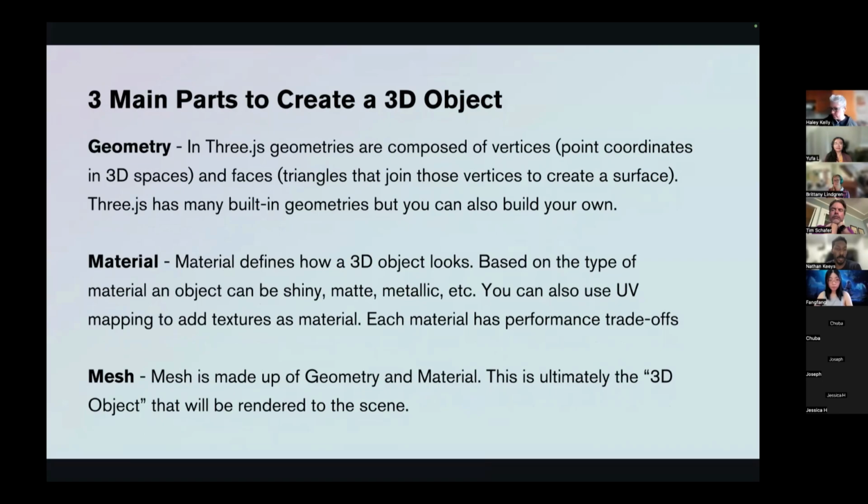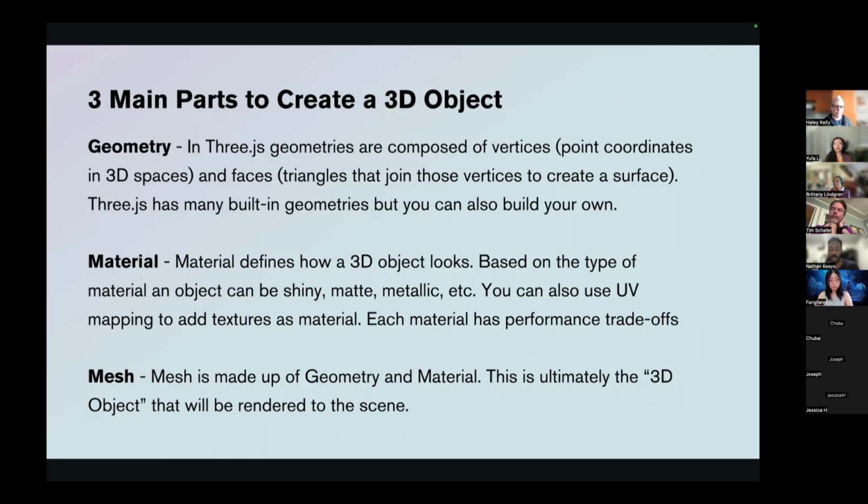There's the geometry. In Three.js, geometries are composed of vertices, which are coordinate points in 3D space, and faces, which are triangles. If those vertex coordinates all connect into a triangle, that triangle is called a face. The geometry is created by a whole bunch of those faces.